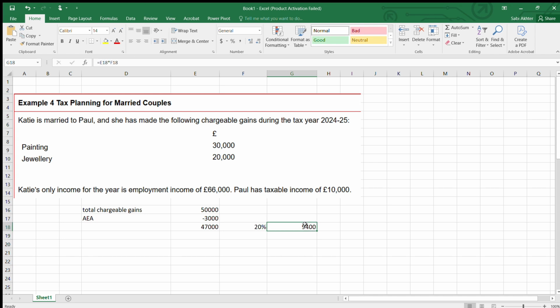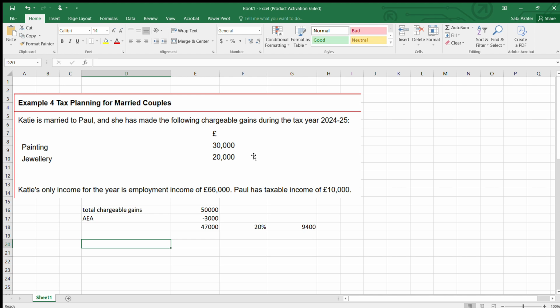But Paul has a taxable income of 10,000. He is a basic rate taxpayer. Now Katie will transfer some assets to Paul so that CGT could be reduced. This is not the optimal situation. Now, what should Katie transfer?